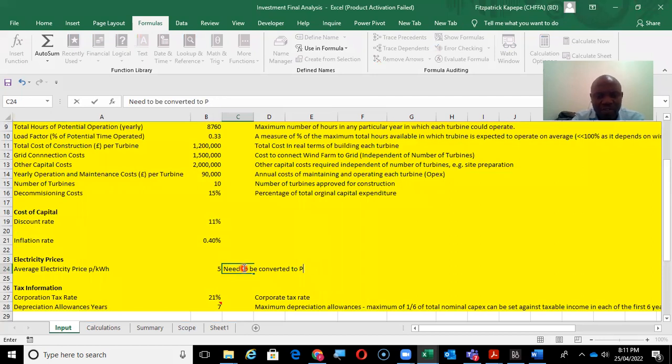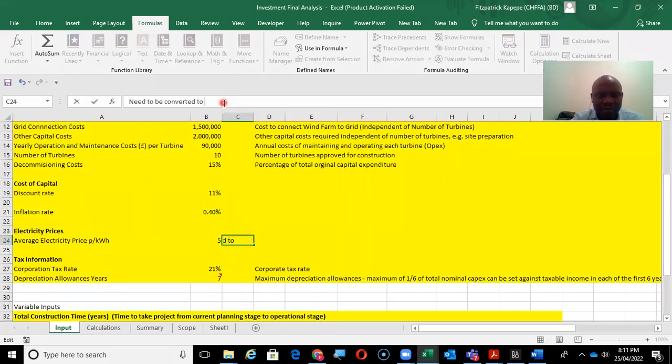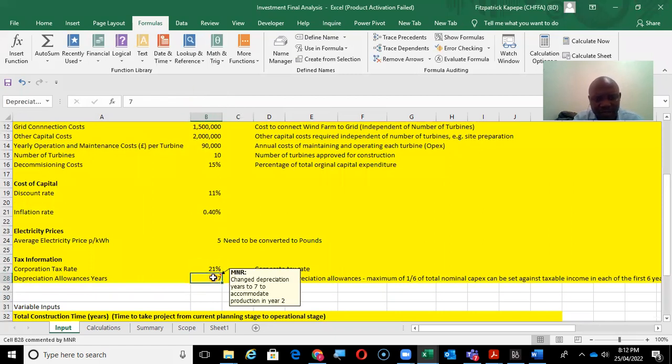I think you're using pounds or euro. I think it's pounds. Okay. Corporation tax at 21% corporate tax.